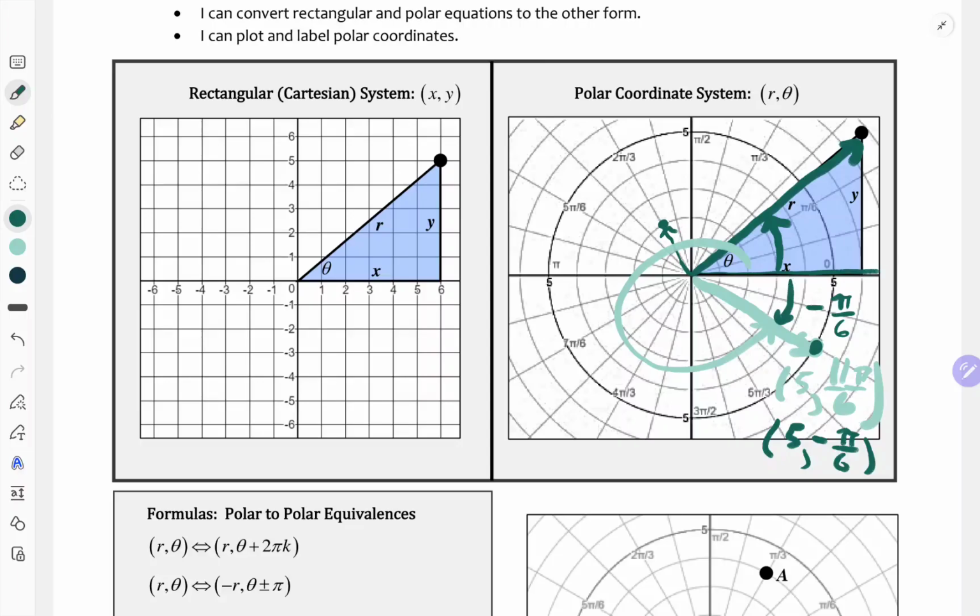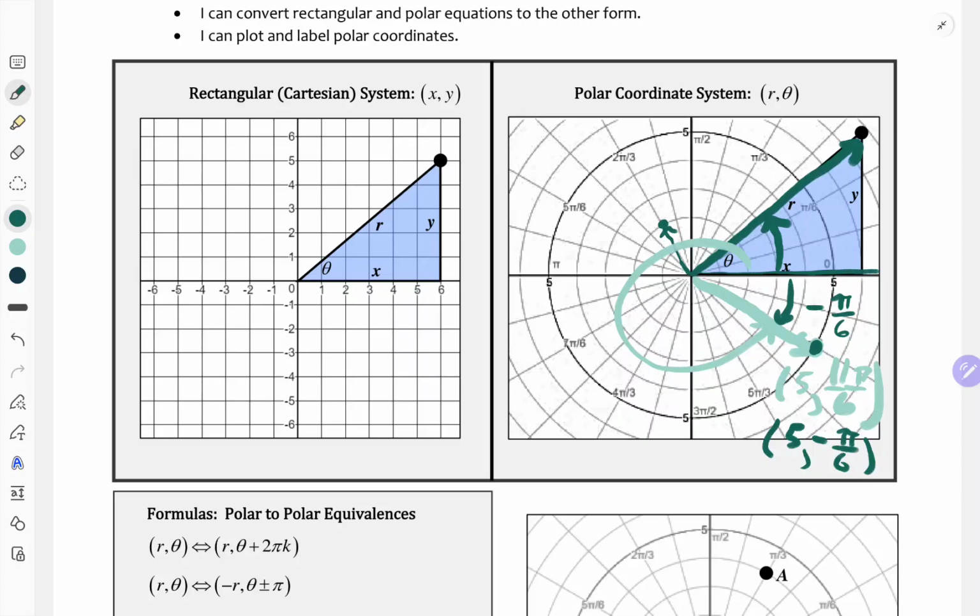That is different from the rectangular coordinate system with x and y. There's always a unique name for every point. If I say where this point is, it would be at 6, 5. There is no other name for that point. It's definitely just the point 6, 5. 6 is x, y is 5.